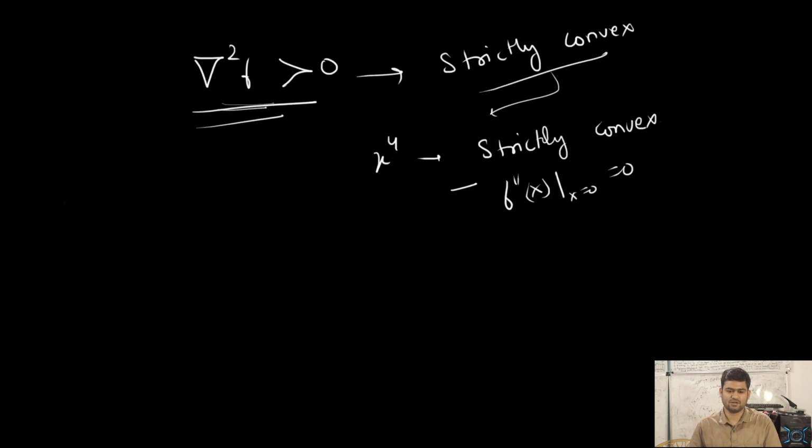Now, what are positive semi-definite and positive definite matrices? So let's assume there is a matrix P, an n by n matrix.